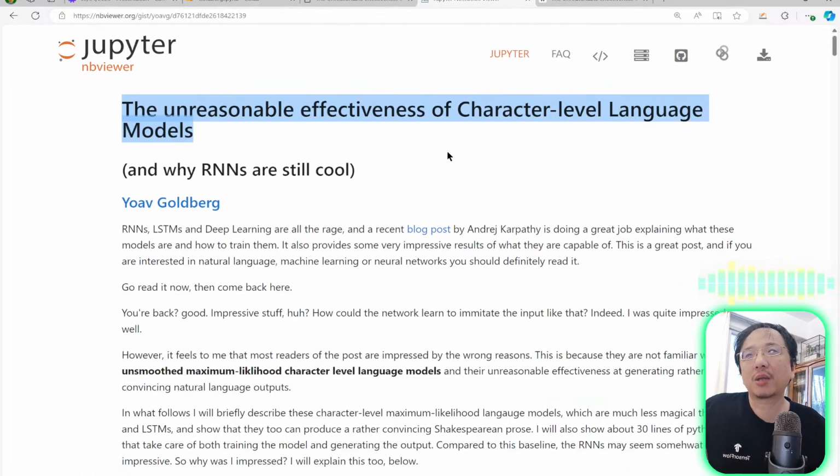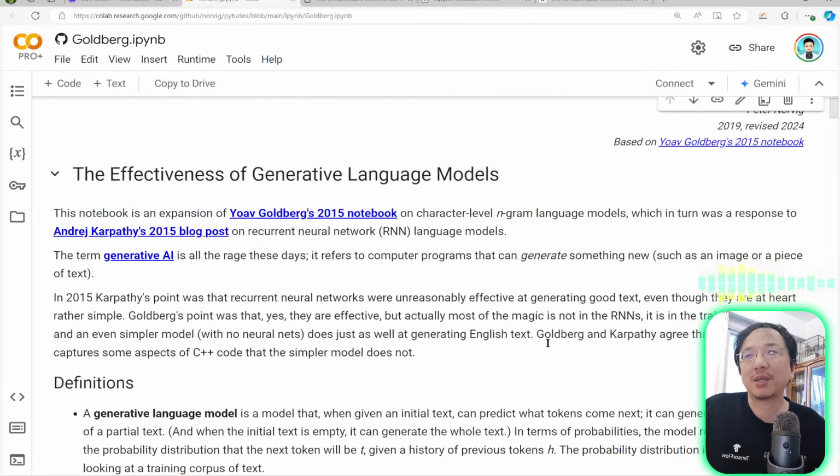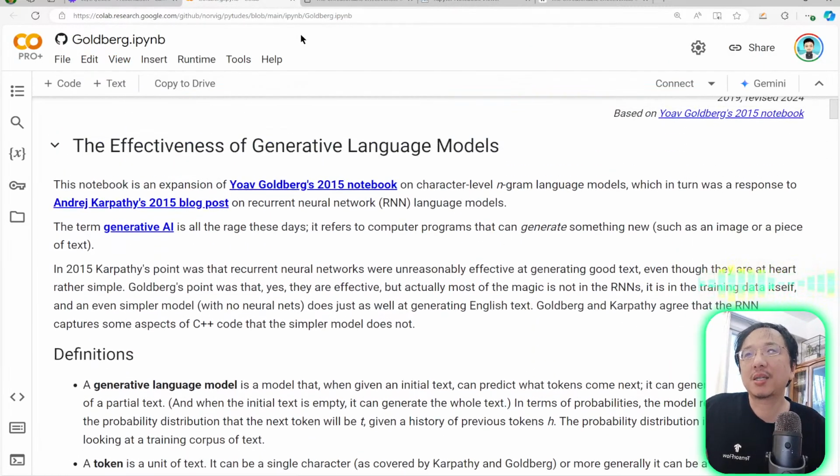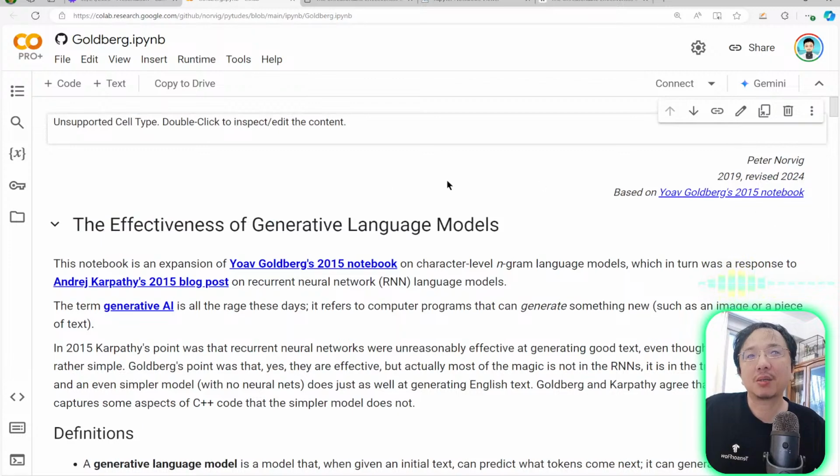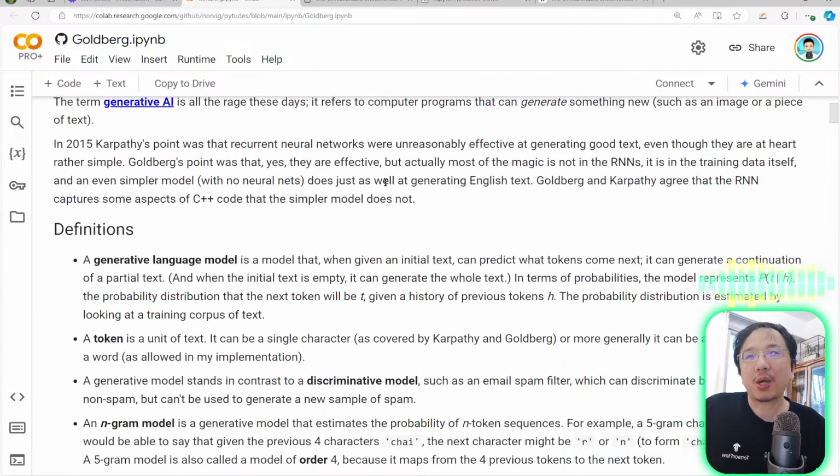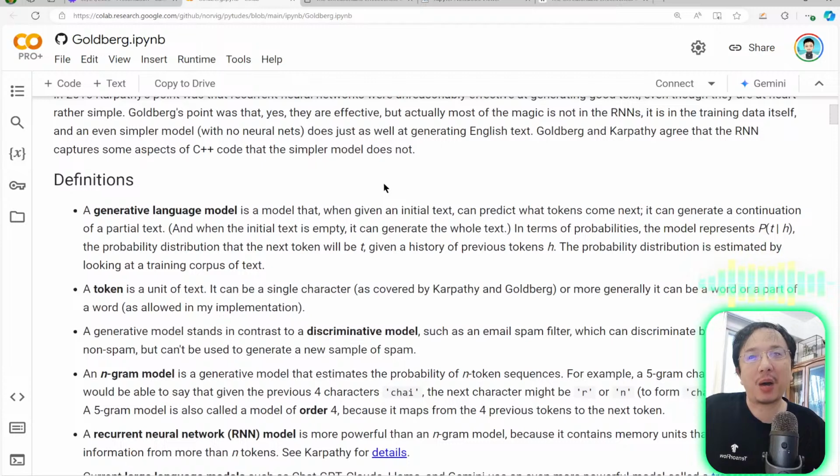Okay, so let's go back to the character level things. How do we construct this simple character level model?